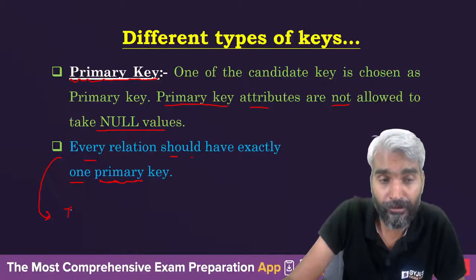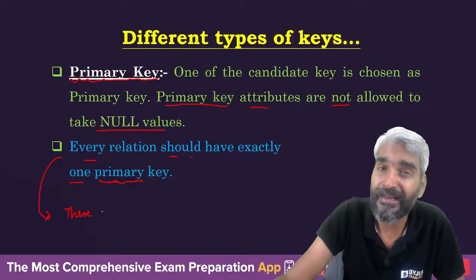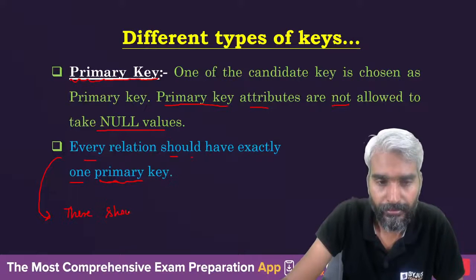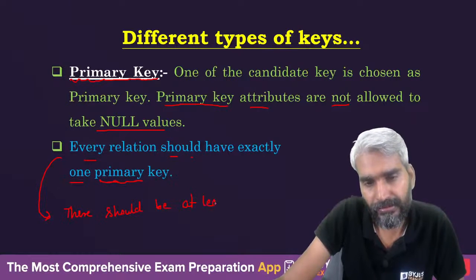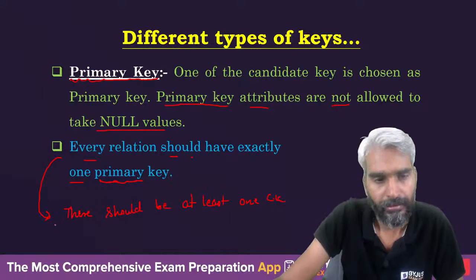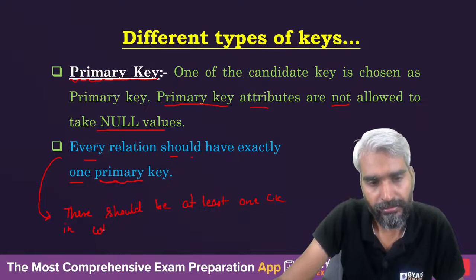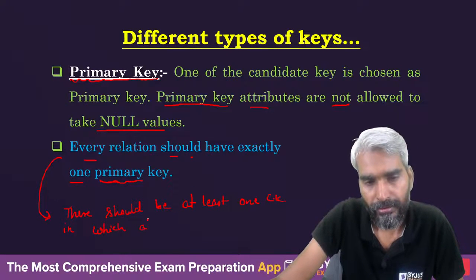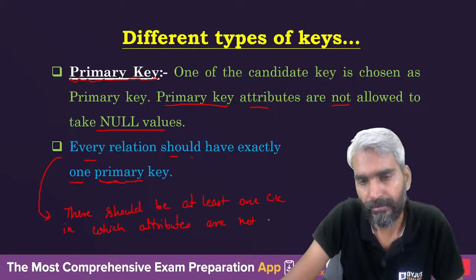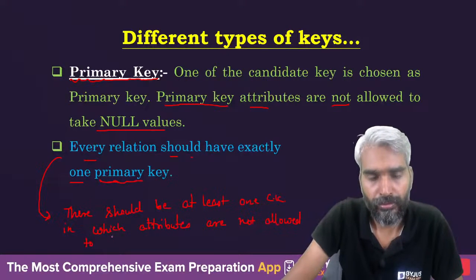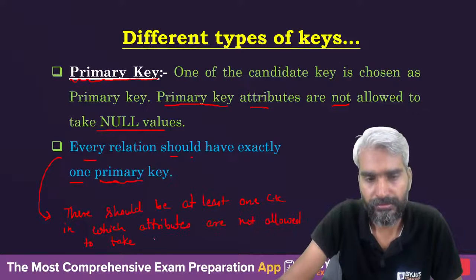So, you can actually say there should be at least one candidate key in which attributes are not allowed to take null values.